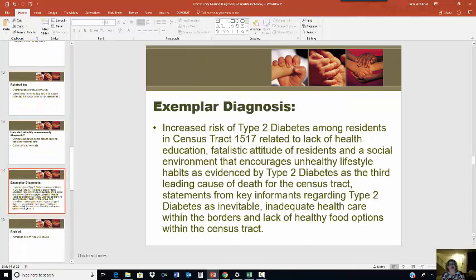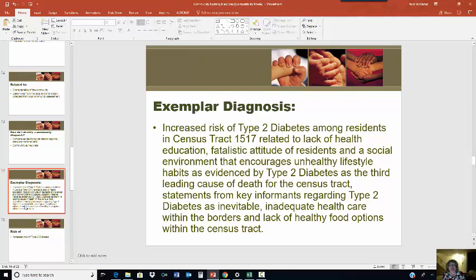So here is an example of a community nursing diagnosis. This is increased risk of type 2 diabetes among residents in census tract 1517. A census tract, by the way, is a subset of a zip code. You do not need to worry about your census tract. You can focus on your zip code.